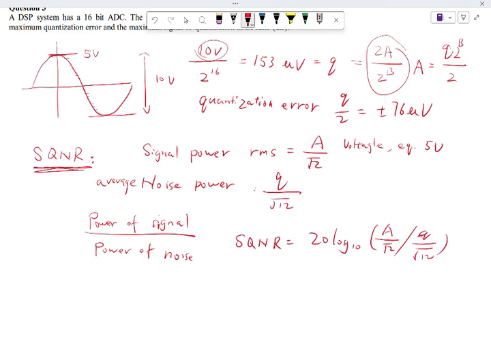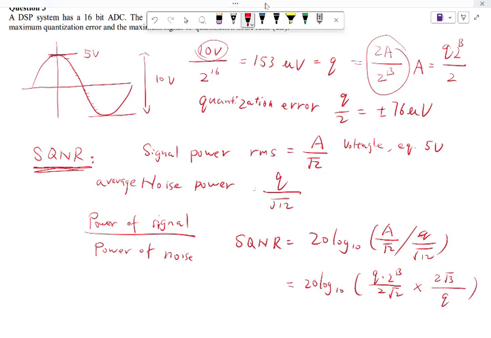Okay, so we can just plug that A into this one. So we get 20 log base 10, where A becomes Q multiplied by 2 to the b divided by 2, and there is the original root 2 down there as well, and this divided by this, we can just flip it. So flip it, this root 12 goes up and becomes 2 over root 3, that's root 12 over Q.